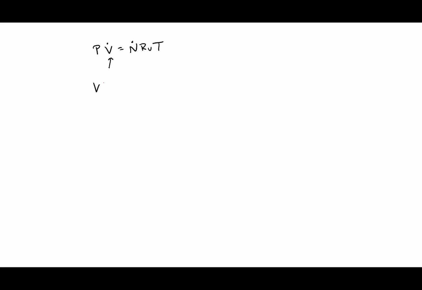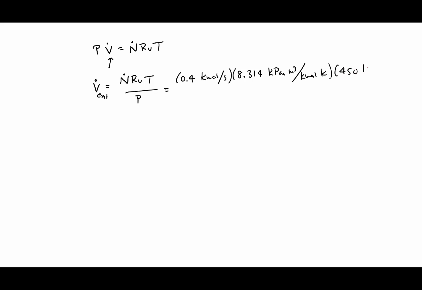So the volumetric flow rate at the exit is equal to the number of moles per second multiplied by the universal gas constant multiplied by temperature divided by pressure. So this is equal to 0.4 kilomoles per second multiplied by 8.314 kilopascals meters cubed per kilomole K multiplied by 450 Kelvin, all over 3,000 kilopascals.